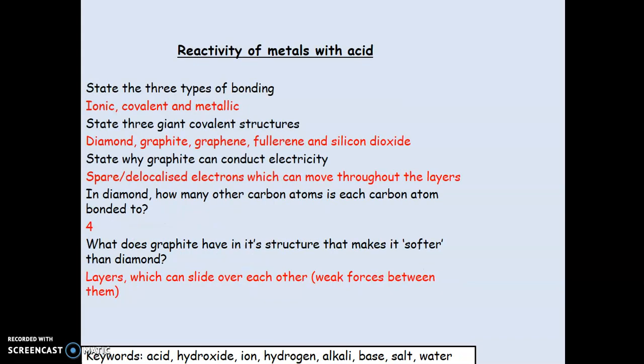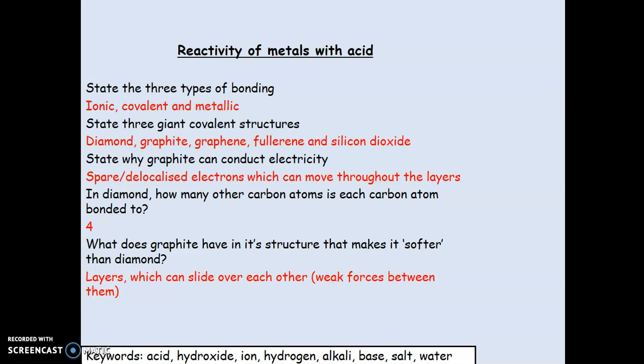The 3 types of bonding that we've spoken about are ionic, which is between metals and non-metals. Metals lose electrons, non-metals gain electrons, and it is the attraction between the positive and negative ions formed that creates the ionic bond. Covalent, which is non-metal to non-metal, is where electrons are shared from the outer shells to give each atom involved a full outer shell.